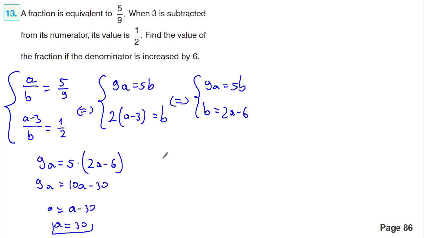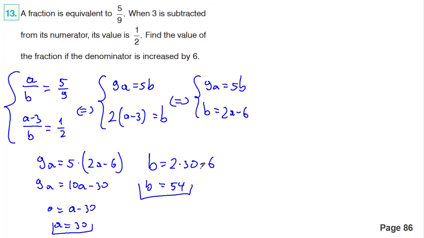So a was 30. If a is 30, you take a and substitute, maybe here it's better. So you get b is 2 times 30 minus 6. So b is 60 minus 6, it's 54.